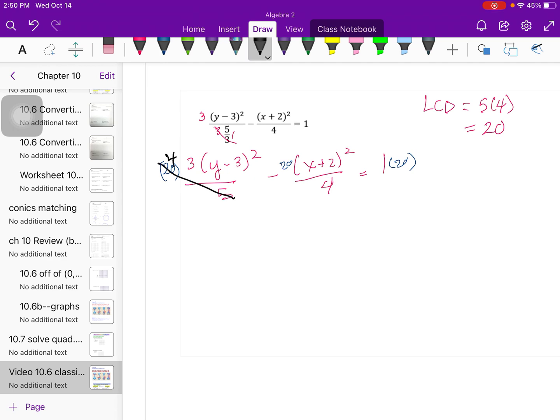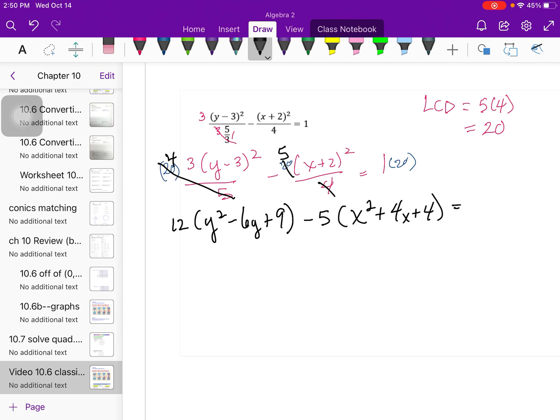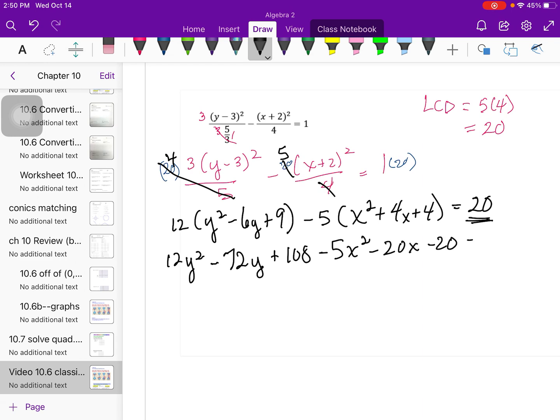So this reduces to 4. 4 times 3 is 12 times y squared minus 6y plus 9. 20 and 4 reduce to 5, so it's a negative 5 times x squared plus 4x plus 4 equals 1 times 20 is 20. 12y squared minus 72y plus 108 minus 5x squared minus 20x minus 20, then subtract this 20 to get 0.